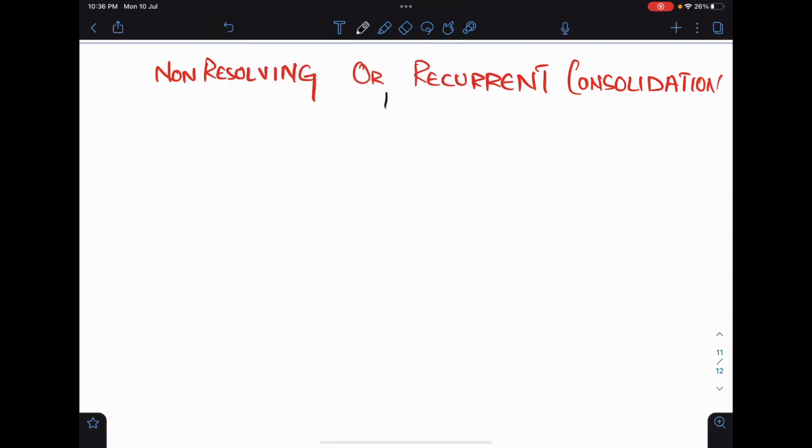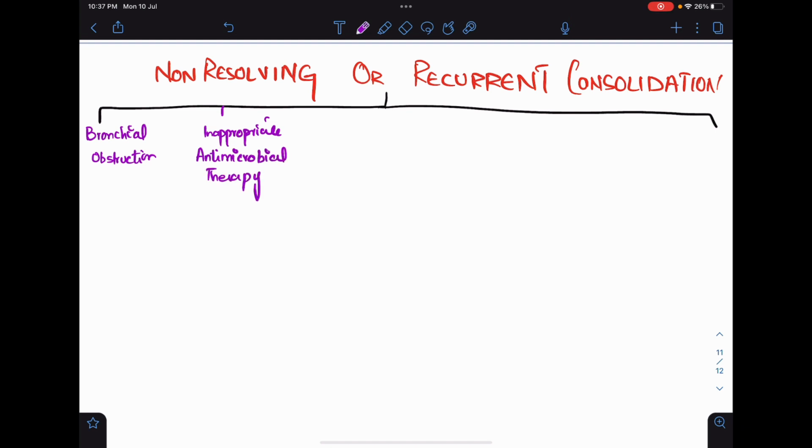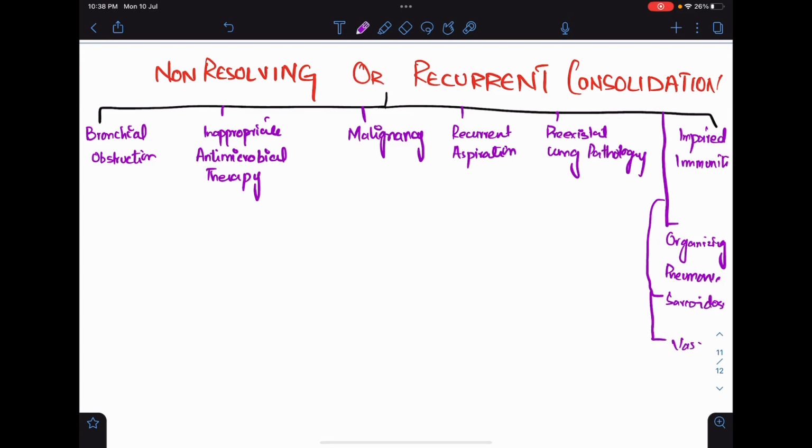The non-resolving or recurrent consolidation DDs include bronchial obstruction, inappropriate antimicrobial therapy, malignancy, recurrent aspiration, pre-existent lung pathology, impaired immunity, organizing pneumonia, sarcoidosis, and vasculitis.